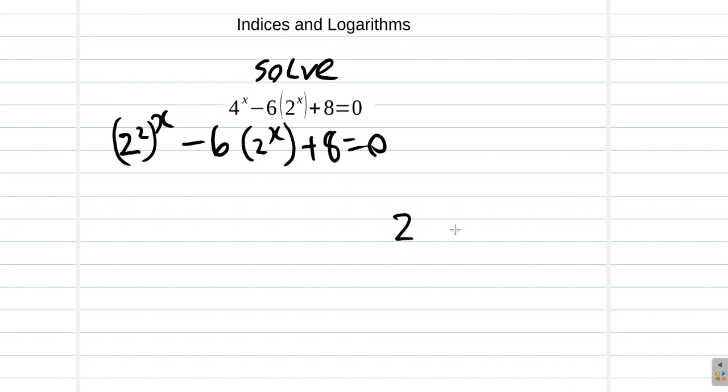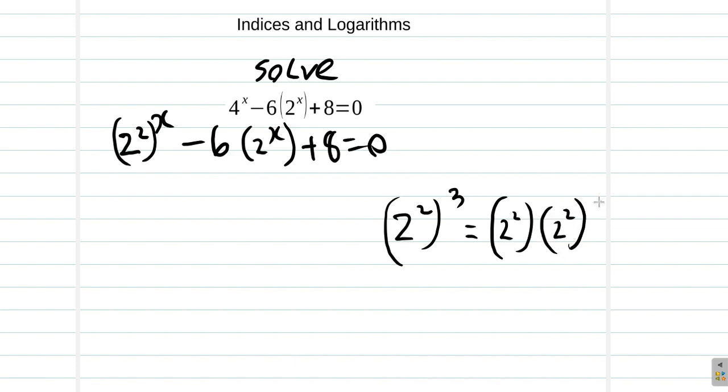So if you have 2 squared, and that is cubed, it means 2 squared, and then you have 3 of them multiplied: 2 squared, 2 squared, 2 squared.